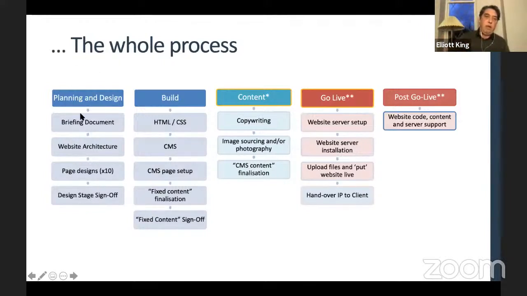Now, if you've run this phase quite well, once you've got a sitemap signed off, the key pages, how they're going to be organized, and we've also got the key pages designed, then it goes into a build phase, which typically is a lot of programming work.